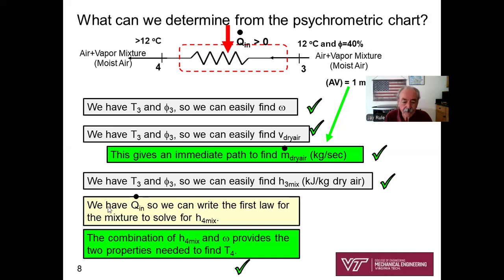Now, once we will have calculated Q dot in from the hot dry air stream, we can write the first law for the mixture, and we're going to be able to solve for one unknown, h4 of the mixture. And once we have h4 of the mixture, we can combine that value along with the value for omega, the humidity ratio, and those two properties are going to give us everything we need to determine T4. You're not going to believe how quickly this is going to go.